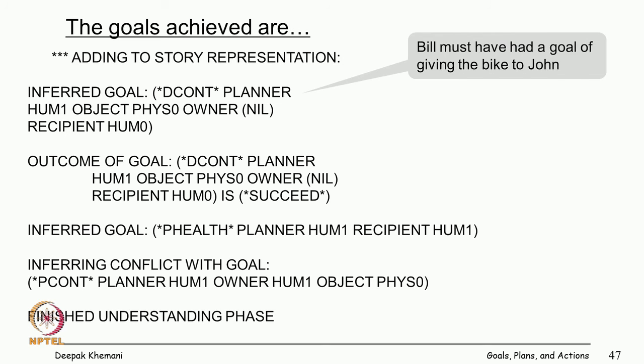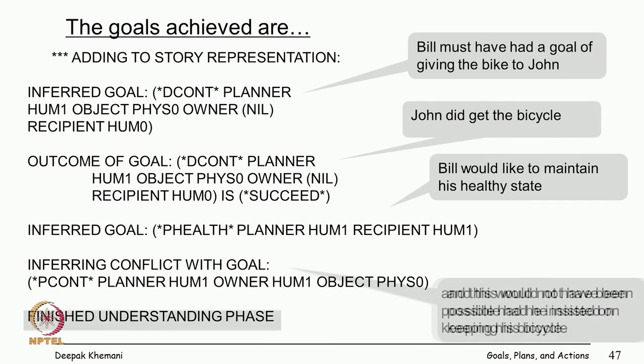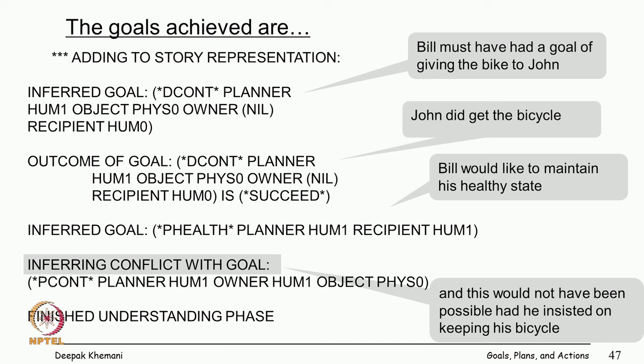So, Pam goes and adds to the story that John's goal of getting Bill's bicycle succeeded, and Bill had this goal of staying healthy, and this would not have been possible.